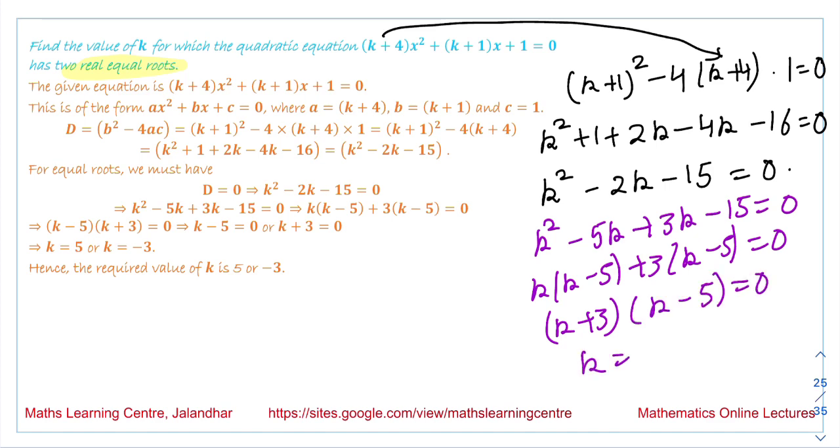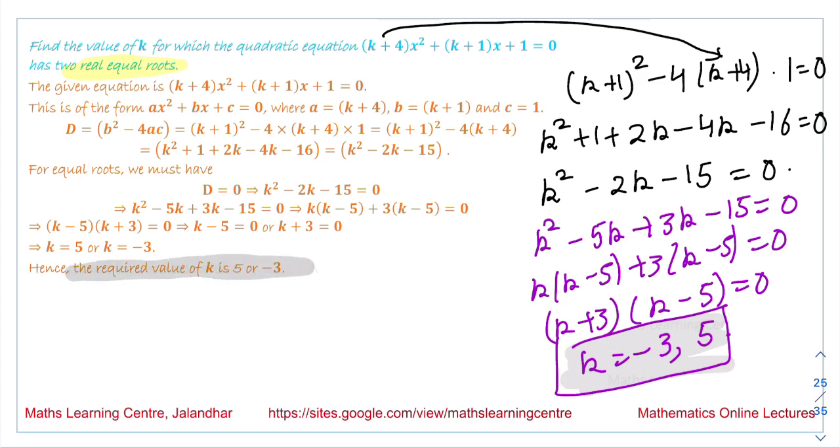So we get k is equal to minus 3 or k is equal to 5. So we are saying these are the two values, that is k is equal to minus 3 and k is equal to 5, for which this quadratic equation will have two real equal roots, that is it has repeated roots, you can say, or it has equal roots.